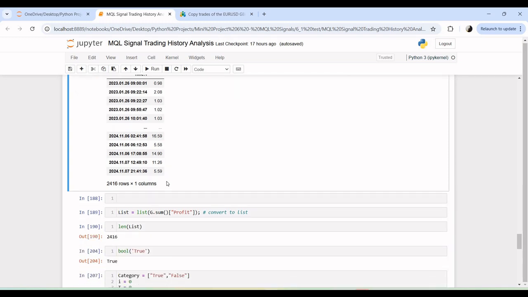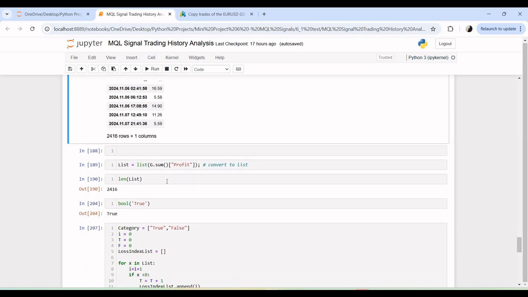Now, since the martingale doesn't give up until it makes a profit, we would expect that most of these deals are in profit. So let's test that out.